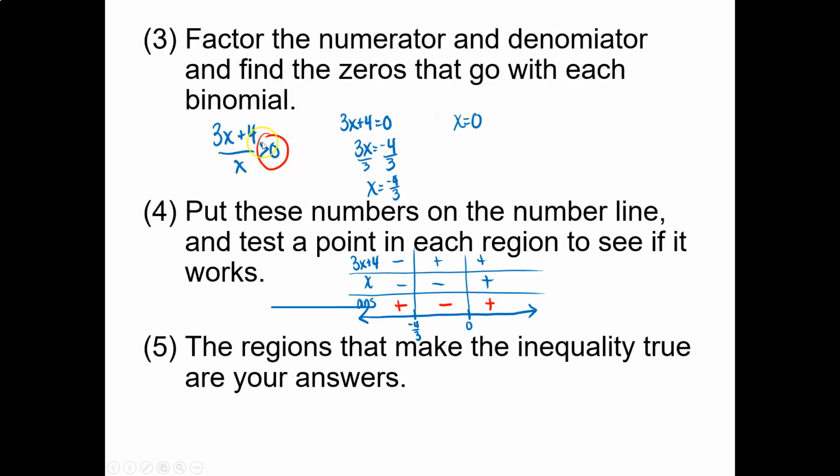So you want to make sure you're looking at what you've got once everything's combined, and that is greater than 0, which is positive. So we're looking at these two sections right here. And since you don't have an or equal to sign, everything's going to be parentheses. You don't even have to think about it. We got negative infinity to negative 4/3 and 0 to infinity.